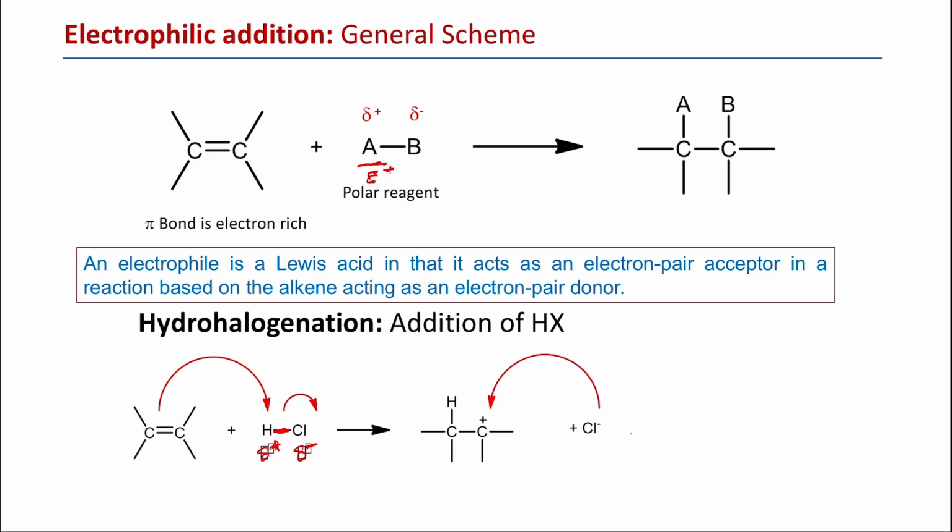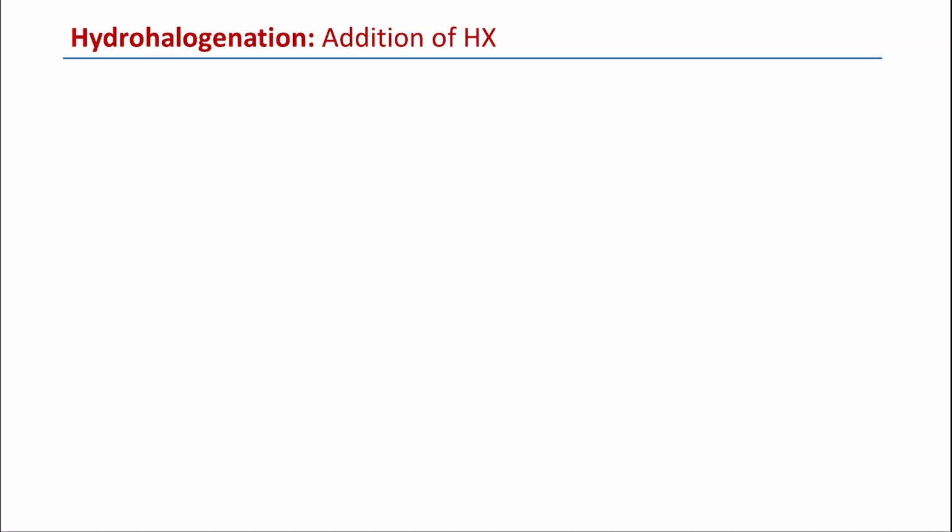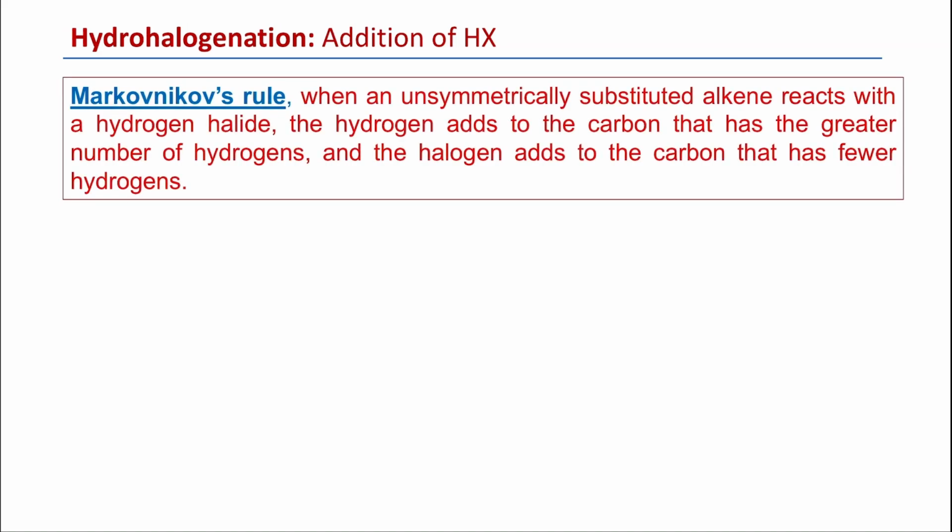When the hydrogen is added to one of the two carbons, that will generate a positive charge on the other carbon. So that will generate a carbocation. The chloride that left from the first step will then attack the carbocation to give you the final product, which is the chloroalkane.